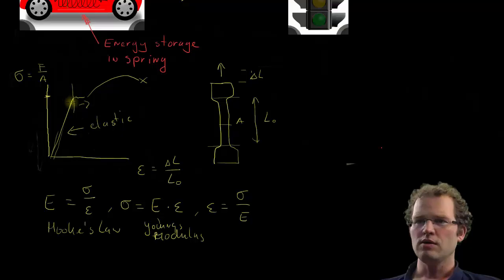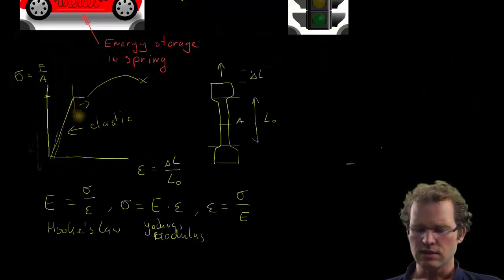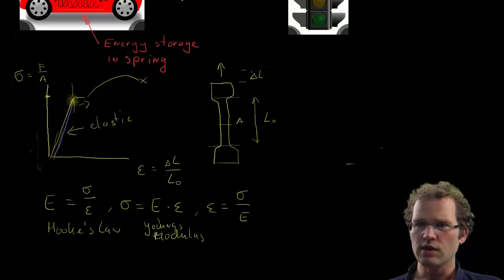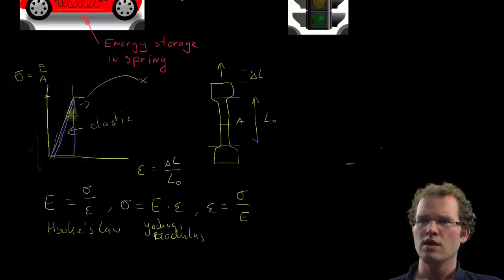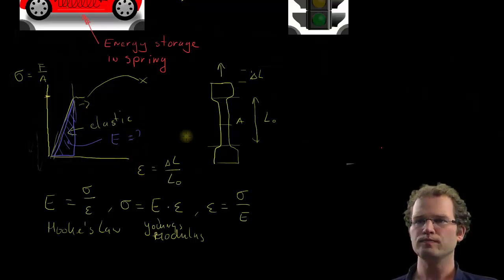Well, let me now take a look at this graph here. If I take the area underneath this curve, is this now the same as in the other spring characteristic? Does this mean this is the energy that is put into the material by stretching it?